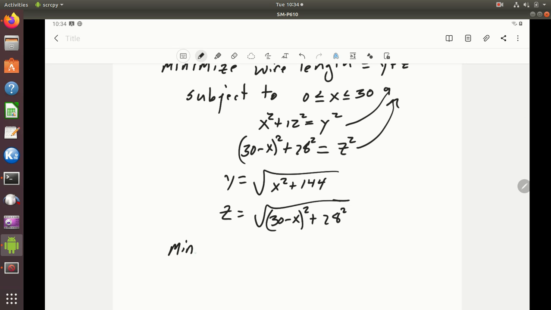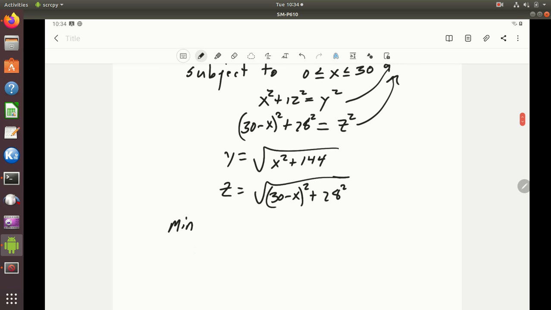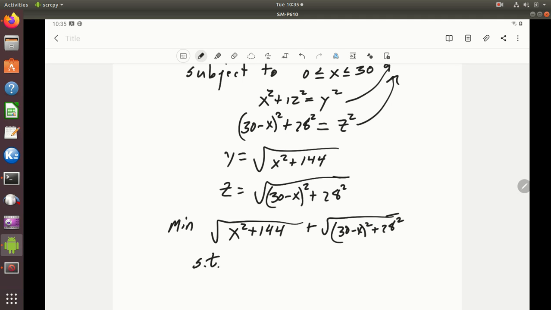So we want to minimize the square root of x squared plus 144 plus the square root of 30 minus x squared plus 28 squared, subject to 0 less than or equal to x less than or equal to 30.